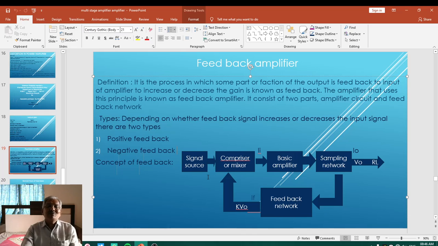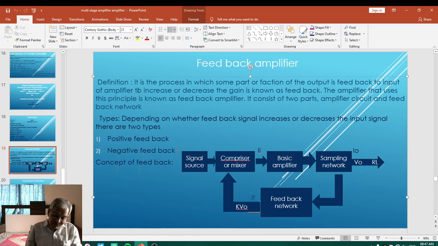Dear friends, in today's lecture we have covered the definition of feedback in amplifiers. It is a process in which some part of the output, some fraction of the output, is fed back to the input so as to increase or decrease the gain of the amplifier.